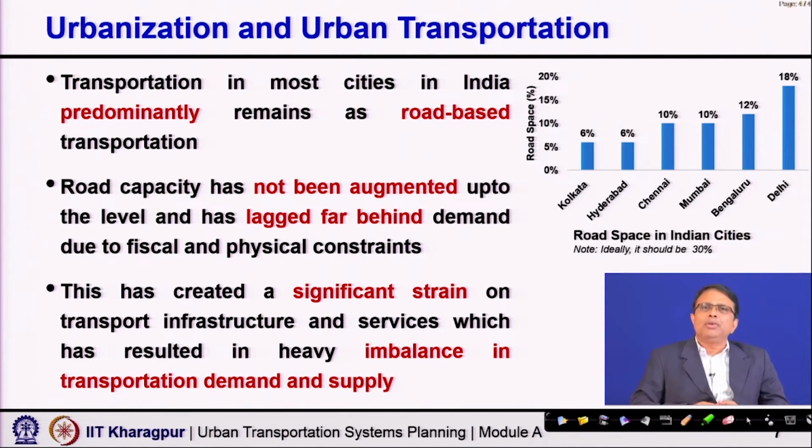Because they are not planned developments, we have less road space, and also you cannot widen roads. Look at the city, if some of you are from an urban area, or if you know Bombay or Calcutta or even many other urban areas.